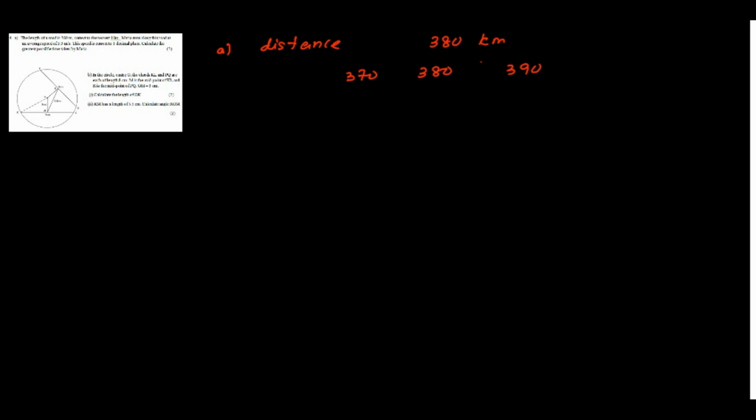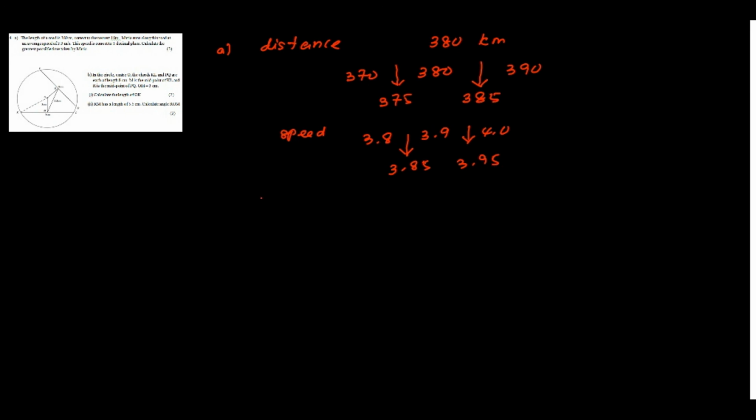So the upper bound here is 385 and the lower bound is 375. After that the speed is given as 3.9 to the nearest one decimal, so this is 4.0, 3.8, so lower bound 3.85, upper bound 3.95.